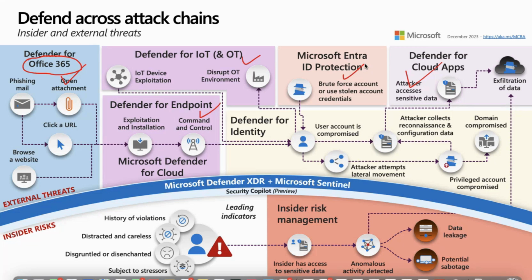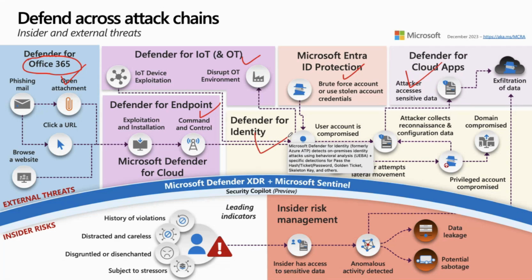Okay. Now coming to Defender for Identity. Defender for Identity is a solution for your local identities. For example, you have your identities managed on-prem, like Active Directory or Active Directory Federation Services.